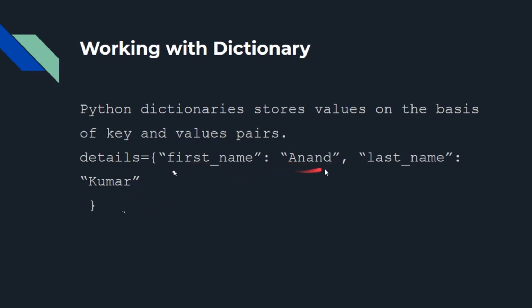The first name is the key and Anand is its value. Then you need to write a comma, then again last name is the key and Kumar is the value. This way we can create the dictionary. So if I ask you what keys are present here, you will answer first name and last name are keys here, and Anand and Kumar are the values present here.